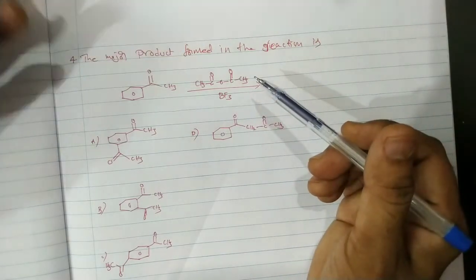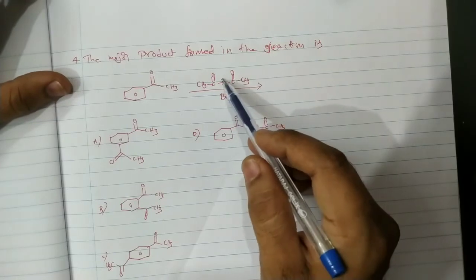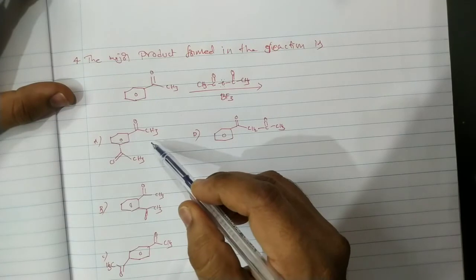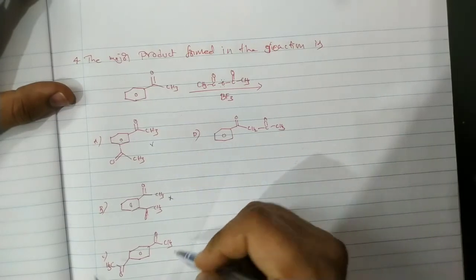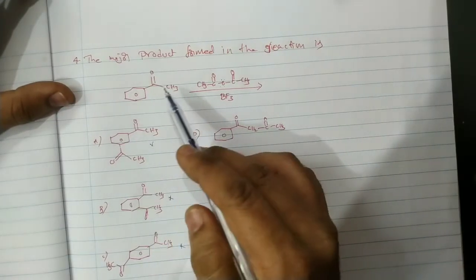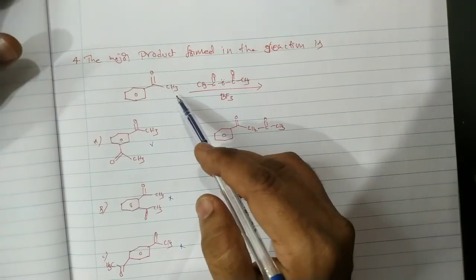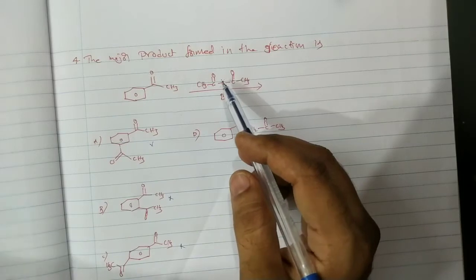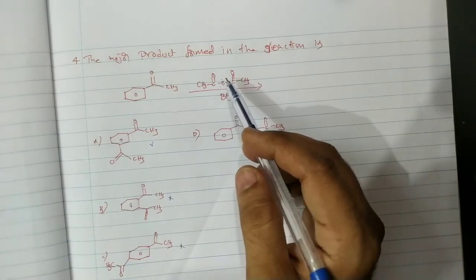But here in this case, acetophenone and acetic anhydride are there. Okay. So actually here in this case, this product is not formed, this product is not formed, this product is not formed. Of course it is not ortho-para directing, it is meta directing actually, but here the substitution is not on the benzene ring. It is a very interesting reaction.